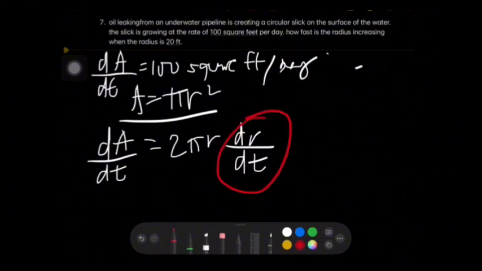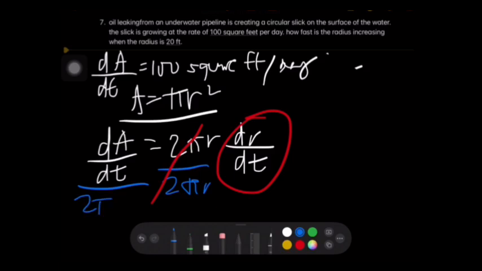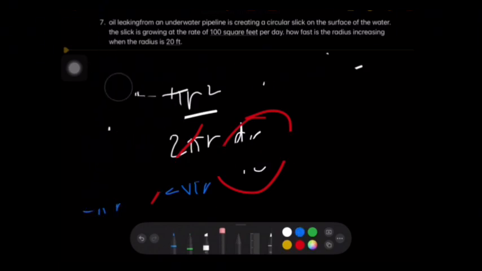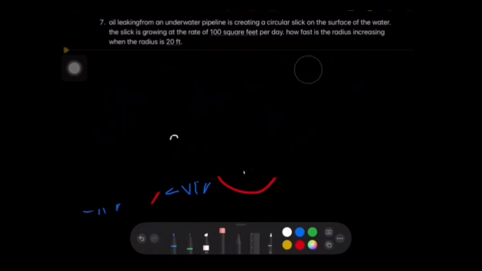To find this, we're going to divide both sides by 2 pi r. The 2 pi r will be cancelled.